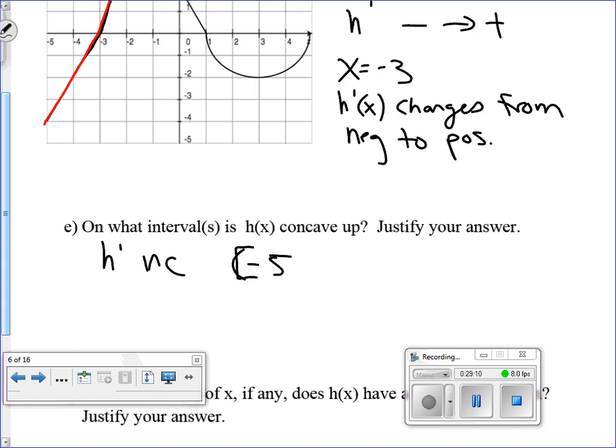We really should include that negative 5. And it doesn't matter whether you include the negative 2 or not. It's up to you. I'm just going to write negative 5 to negative 2. Because when you say a function's increasing, that means if you take any 2 points, the y-coordinate of the point on the right is greater than the y-coordinate of the point on the left.